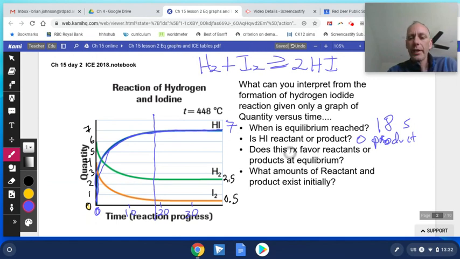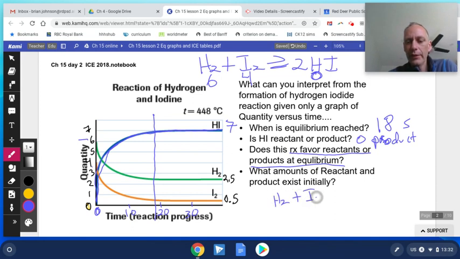Okay, does this reaction favor reactants or products at equilibrium? We started off with 6 moles of hydrogen and 4 moles of iodine and no product. That was our initial. At equilibrium, I'm going to make a mess out of this, I should put it down here.